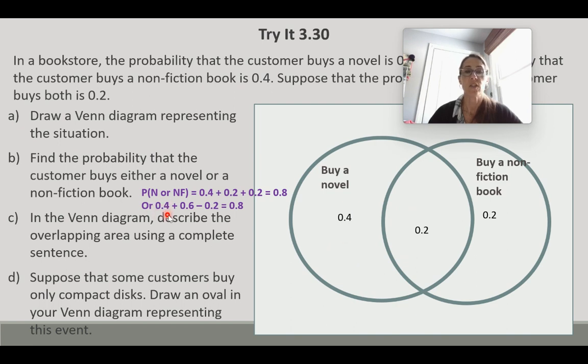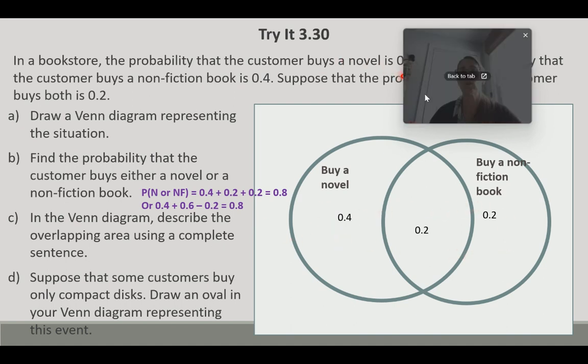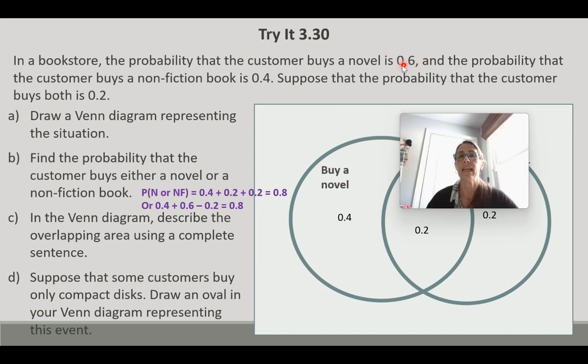So nonfiction was 0.4 plus buying a novel was 0.6 minus novel and nonfiction, and we still get the 0.8. So you can do it either way. You can add these up going across, or you can look back to your original problem and say 0.6 plus 0.4 minus 0.2.